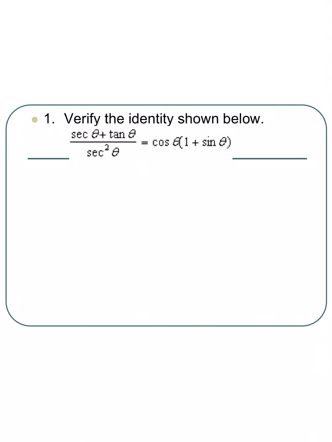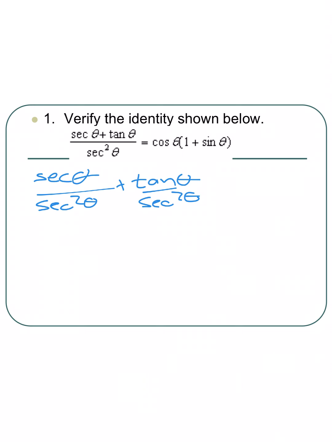All right, for this example, we're going to go ahead and break up our fraction. So I'm going to start by writing it as secant over secant squared, and then plus tangent over secant squared. Our first term will simplify to be 1 over secant. And using our reciprocal identities, I can go ahead and simplify that to be cosine.